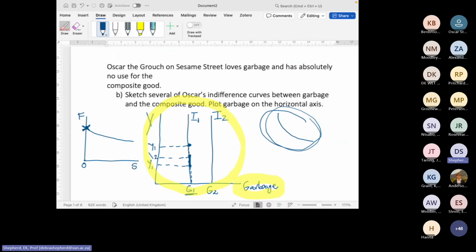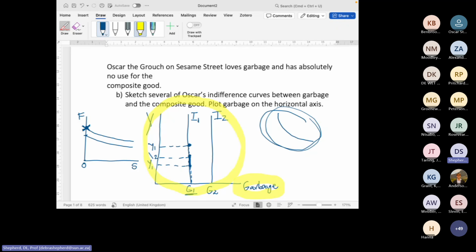If they had no shelter and less food than that, they would be on a lower indifference curve, because having no shelter and even less food would make you less satisfied. But this kind of indifference curve map shows that it is possible to get some utility through consuming only one good.